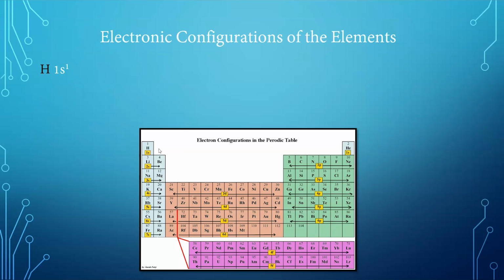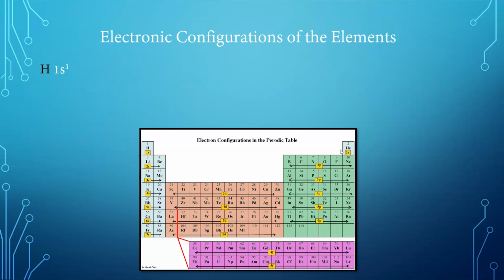Do you have any idea why we don't do that? The answer is very simple. Helium is nothing like the other elements in group 2 on the periodic table. Helium's properties are actually very much like the other elements over here in group 18. When the periodic table was designed, the number one goal was to group elements by properties. Back in the days of Mendeleev, they had no idea that elements even had electrons in them, or energy levels, or whatever.